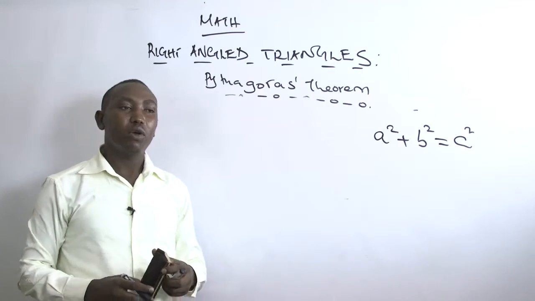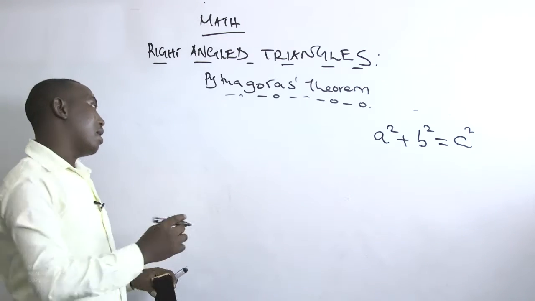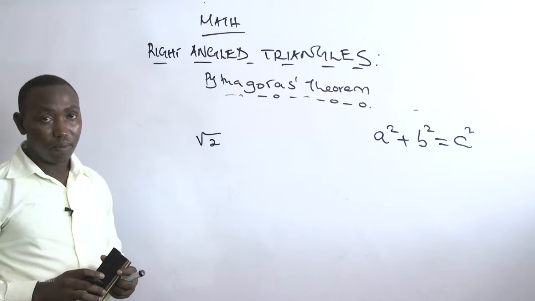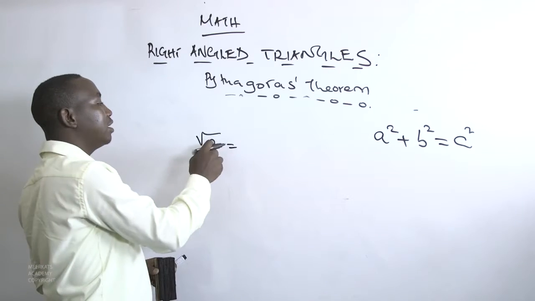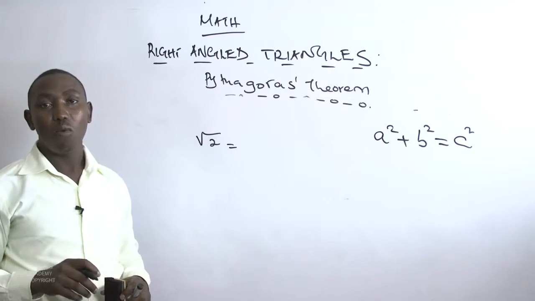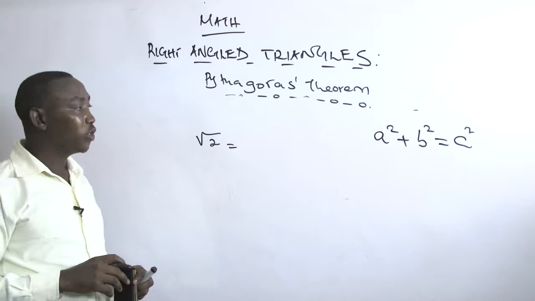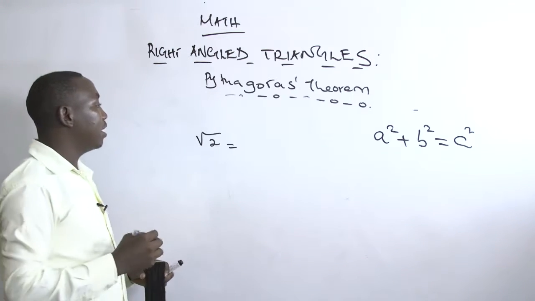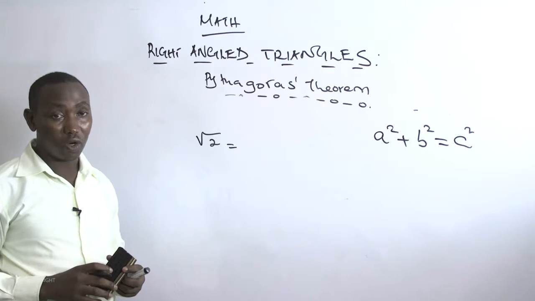Now, sometimes we may not have exact square roots of numbers, and I've given a good example of irrational numbers, root 2. If you get the root of 2, you'll discover that the solution in decimal form will neither recur nor terminate. You'll continue dividing without end.